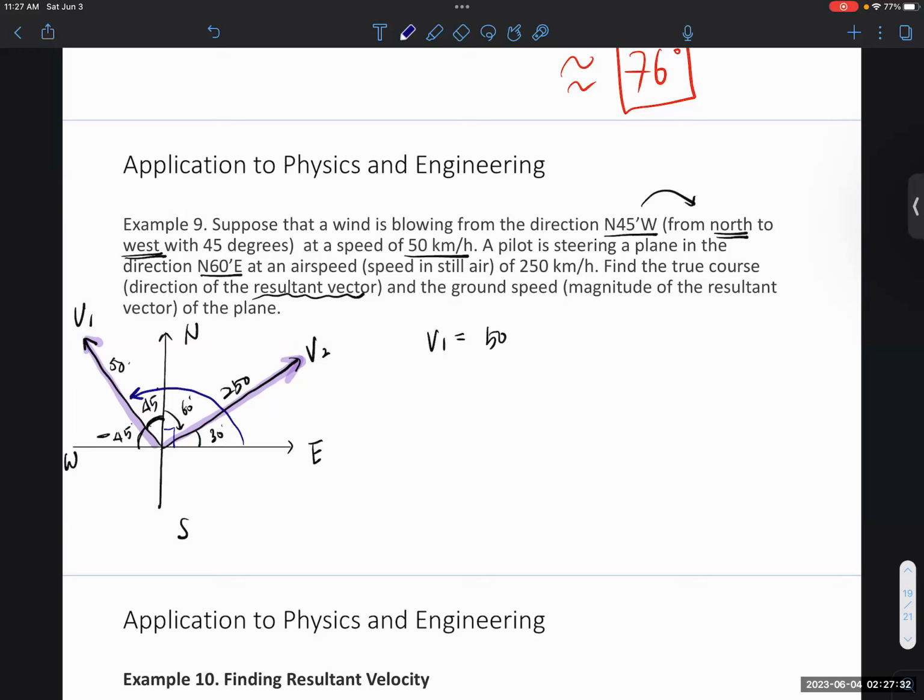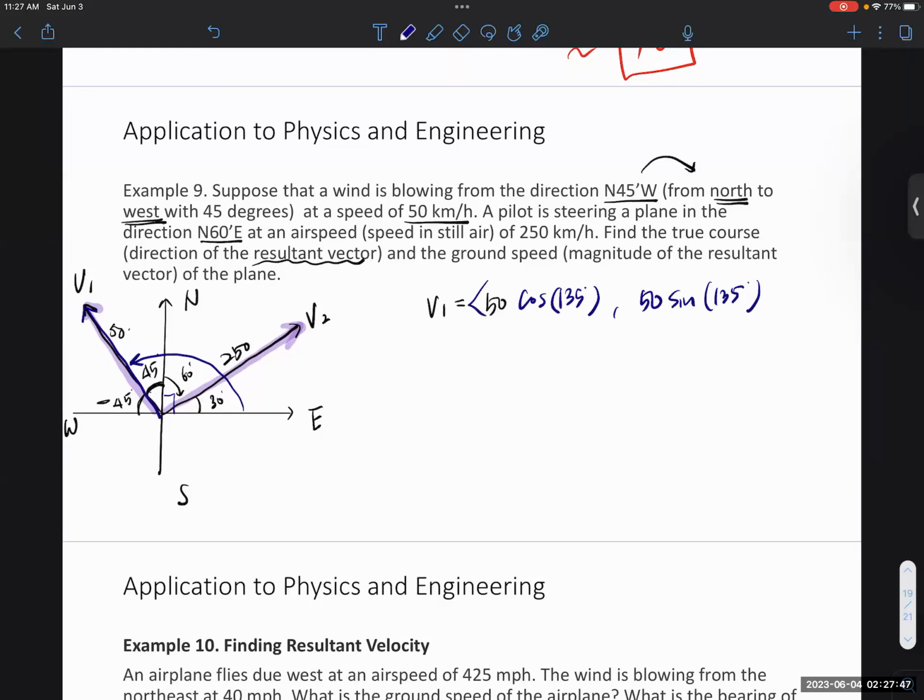So this is cosine 135 degrees, am I correct? This location is indicating 135, and then 50 sine 135. So this is vector 1. You're going to calculate it.